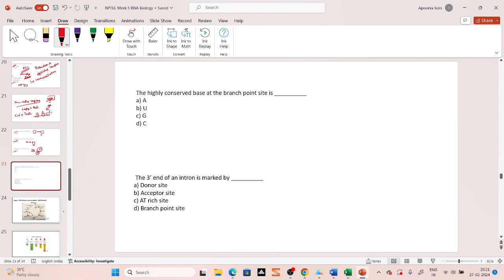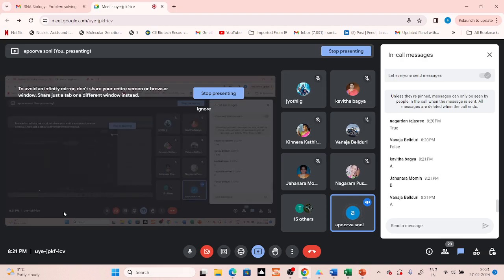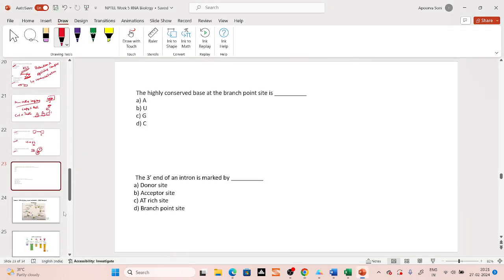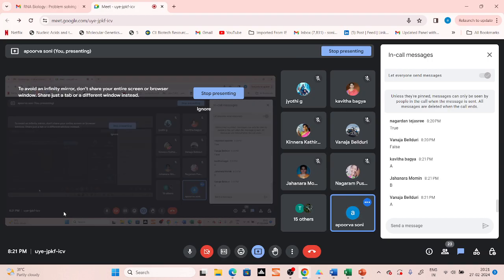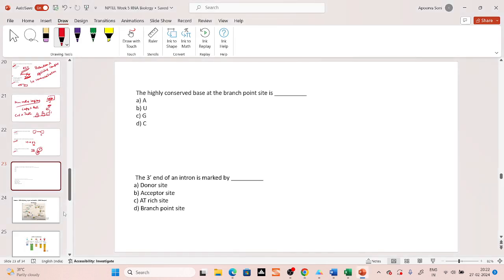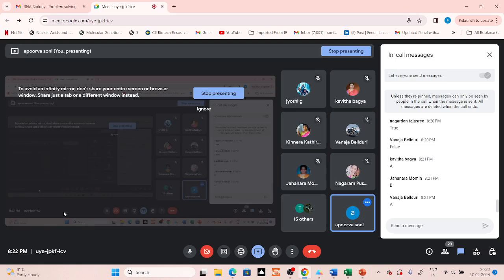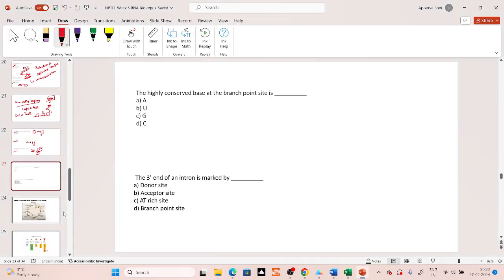Okay, let's see what you have answered. Kavita has said A, Jahanara has said B, Vanuja has said A. Any other? Okay, fine. So the correct answer is A.